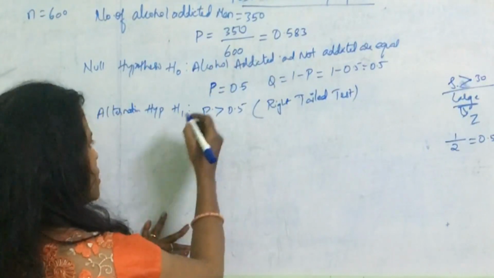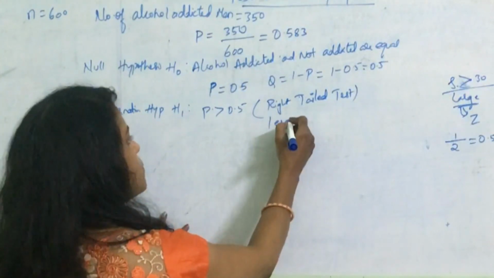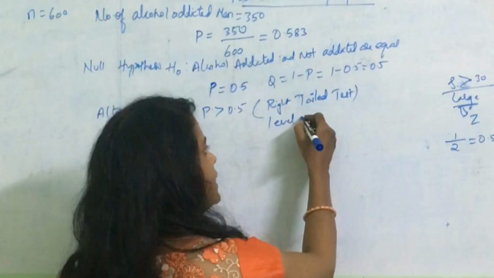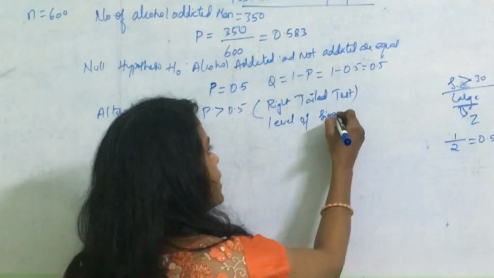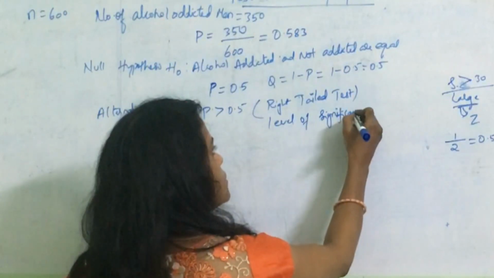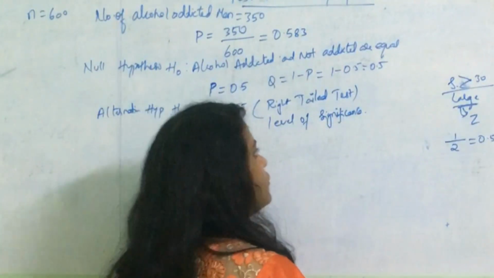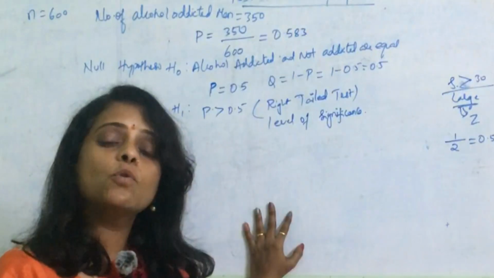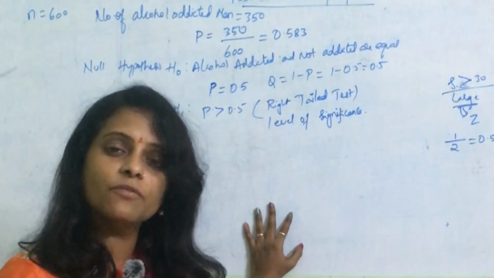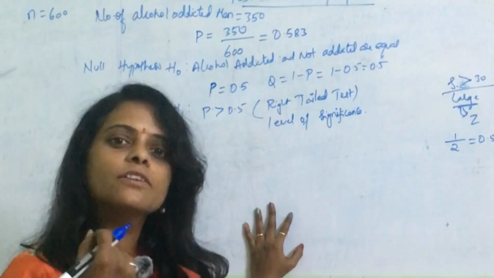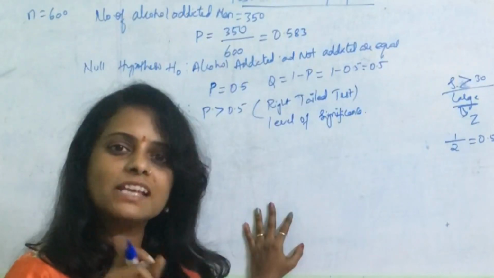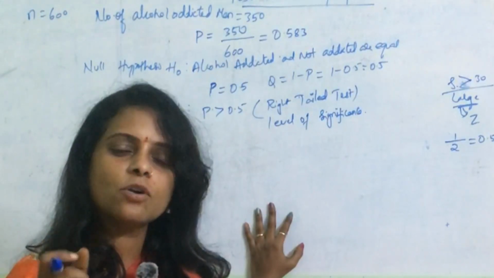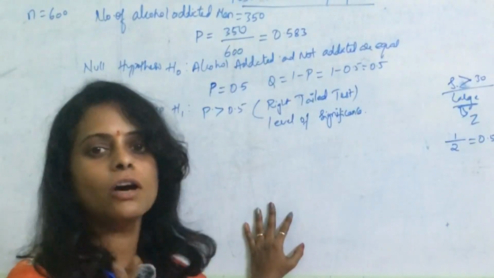Okay, then if suppose in the question they have given any level of significance. What is the level of significance? It is the percentage to which we are sure whether the hypothesis testing we are doing is right or wrong, that is accepted or rejected.